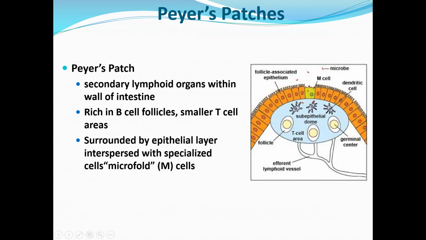And they sample antigen, which is in the lumen of the gut, which passes through into this capsule where they are taken up by dendritic cells, and the dendritic cells can then present and activate T cells and so on.